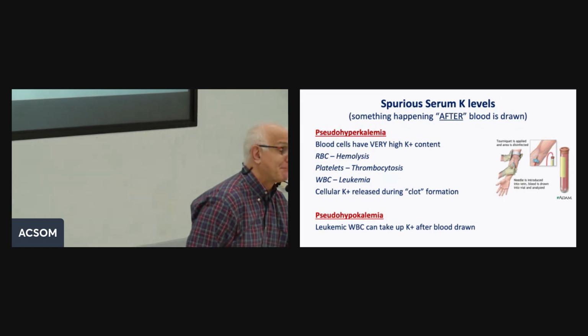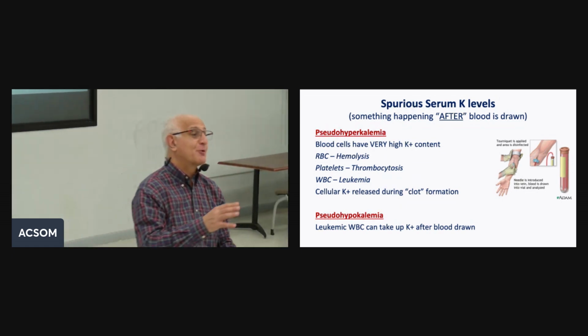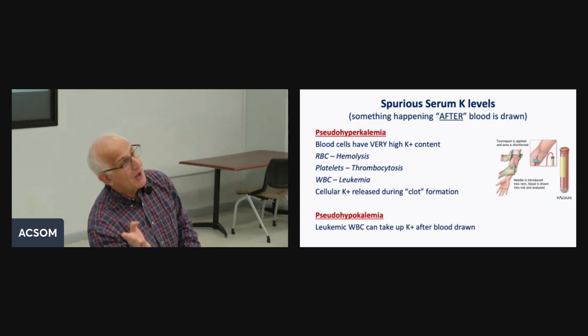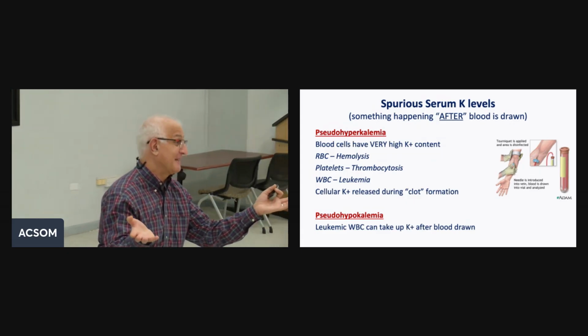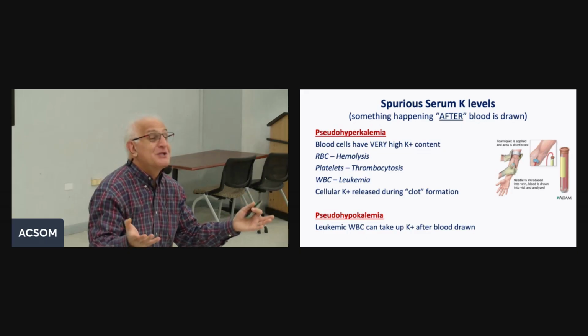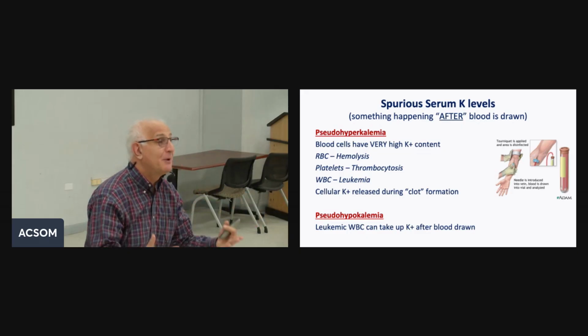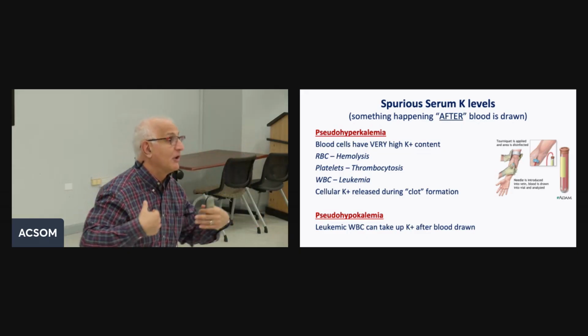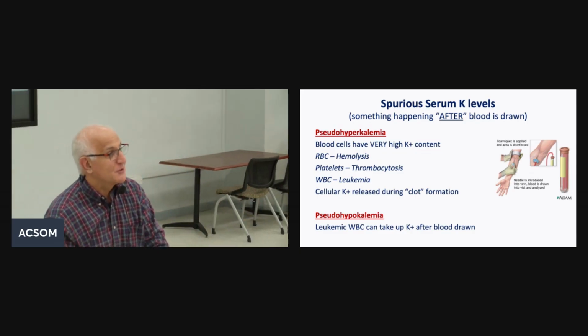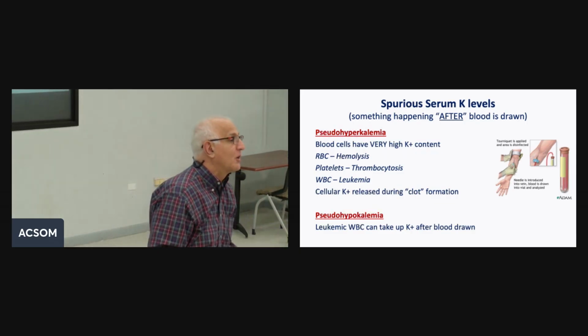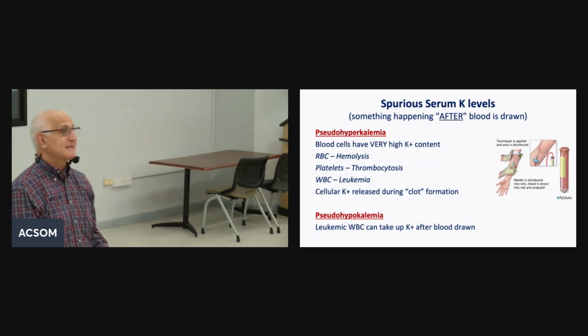So people with leukemia are prone to both pseudo hyperkalemia and pseudo hypokalemia. Does that make sense? And we don't know which one. We just know that with high platelet level or high WBC, you'd better check serum potassium level immediately after you have drawn the blood. Does that make sense?